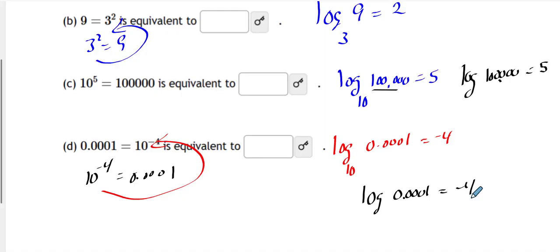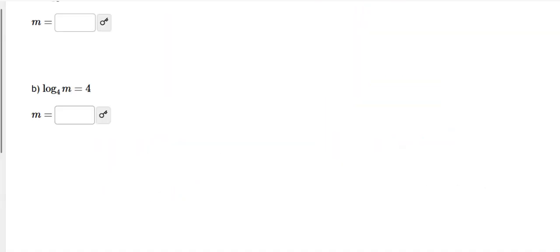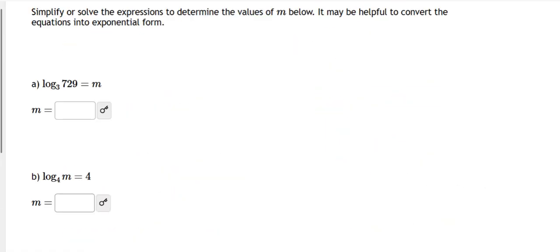All right, so what we're going to look at next is simplifying and solving expressions. The first thing that you need to know to solve a log is you need to convert it back to an exponential. So 3 to the m equals 729. The base of the log was 3, so the base of the exponential is 3.